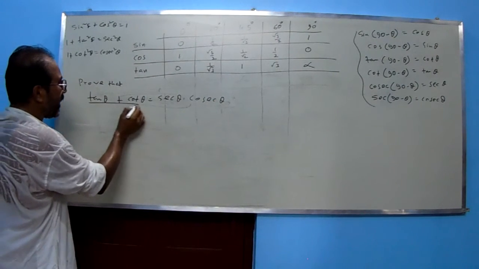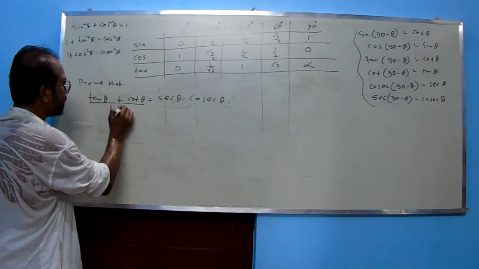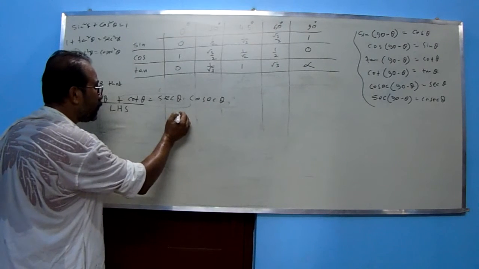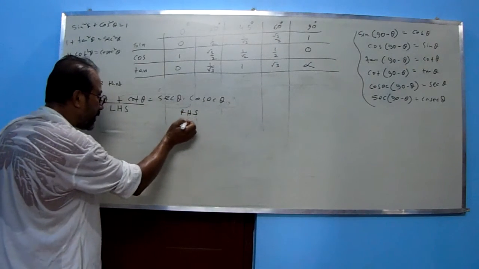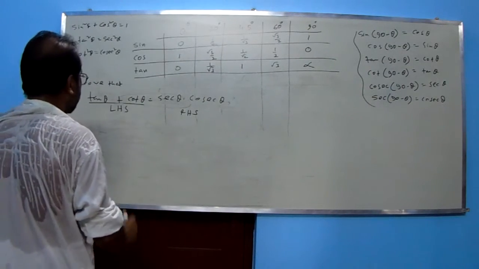That means this is the LHS portion. To be proved, you must go from the LHS to the RHS, or from the RHS you come to the LHS. How can it be proved?